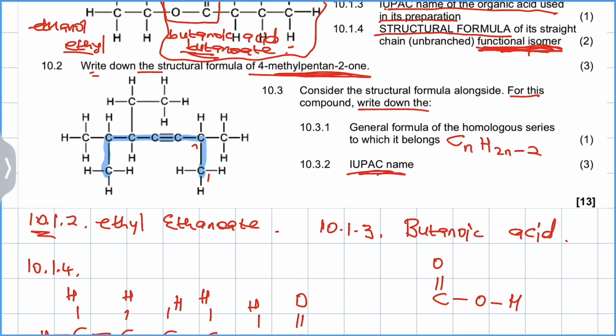So it's 1, 2, 3, 4, 5, 6, 7. Okay. And then now we're going to look at the branches, which is there is one in carbon number 2 and carbon number 6. And then there is an ethyl branch in carbon number 5. There is a methyl branch in carbon number 6. Okay, so we have 2 methyls and we have 1 ethyl.